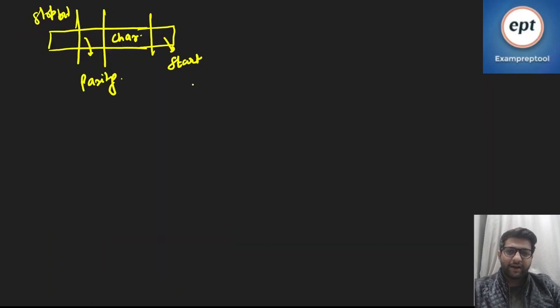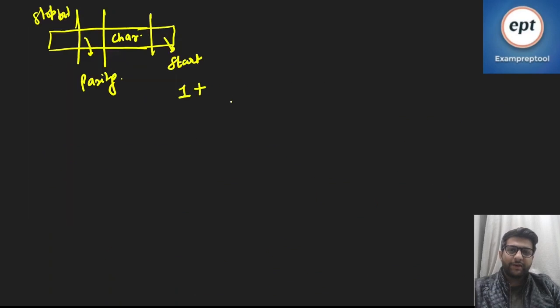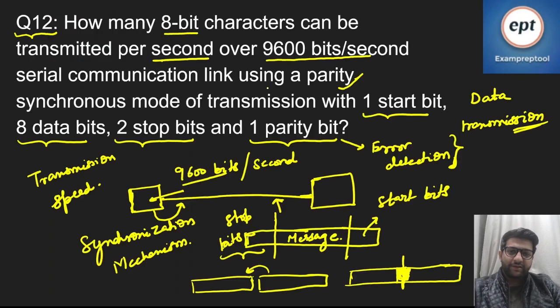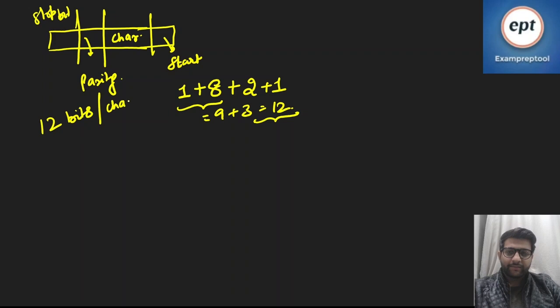It is given that the start bit is 1 bit, the characters are 8 bits, then 2 stop bits and 1 parity bit. So that means it is 9 plus 3, which is 12. So every character will be transferred by 12 bits of transmission, 12 bits per character.